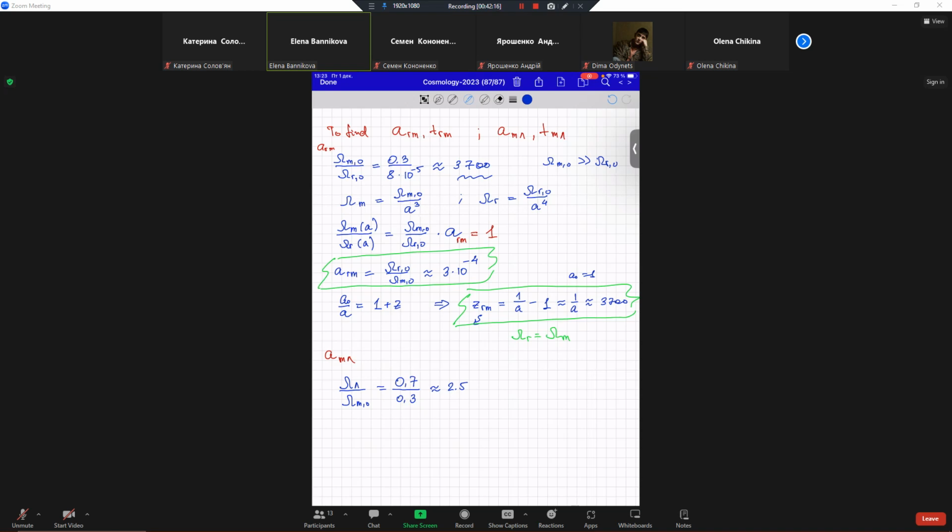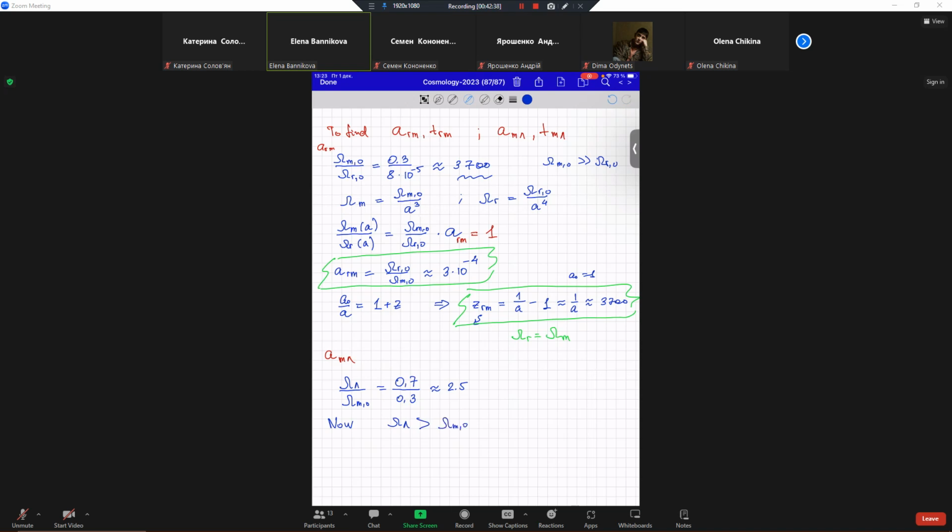So for the present time, the lambda term, omega lambda, is more than omega m0.